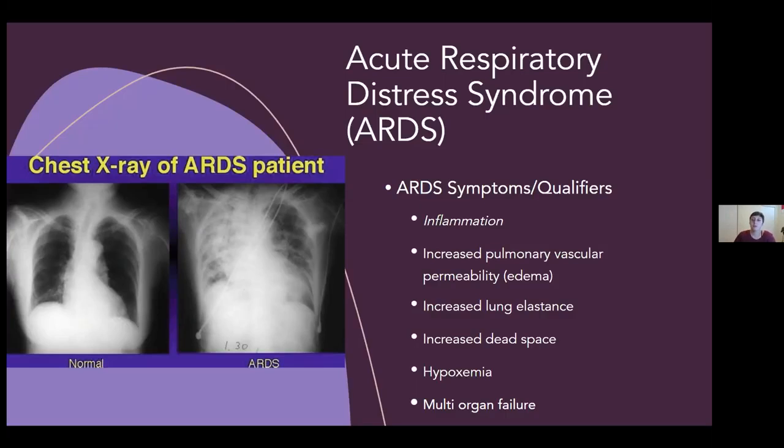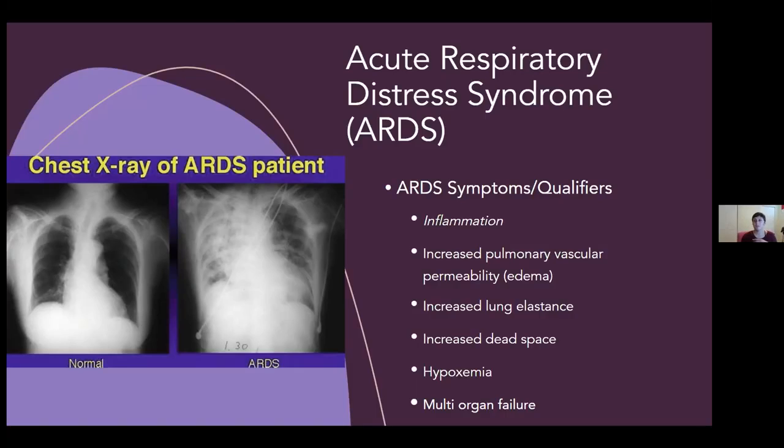And so people who have ARDS typically have a lot of inflammation, and they also have something called increased pulmonary vascular permeability or edema. And this just means that their blood vessels are leaky and that there is basically fluid flowing into the lungs from your blood vessels. They also have increased lung elastance, which we will talk more about later, and increased dead space. So a normal person has dead space in their trachea and in their conducting airways because there is air in these places in the lung, but those aren't where gas exchange is happening.